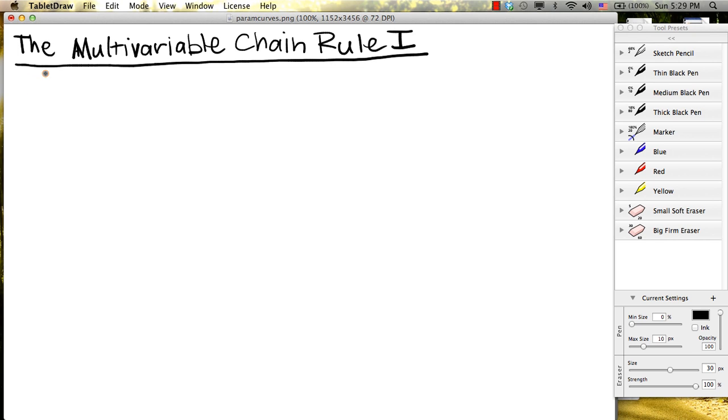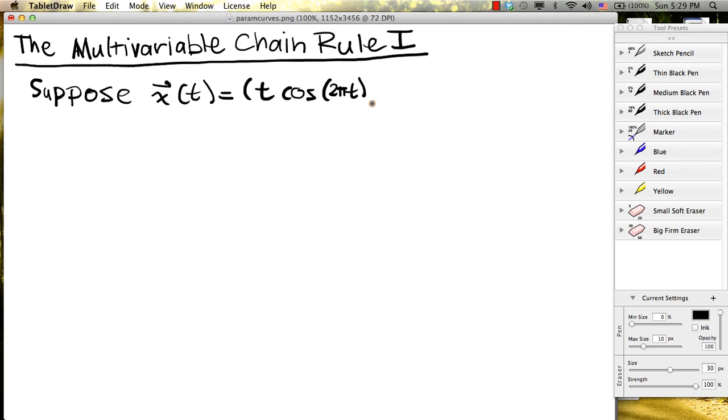Well, first of all, suppose we have this function. Suppose we have a parametric curve. So suppose x of t, and let's use a very concrete example, this spiral curve that we saw from last time, cosine of 2 pi t, t sine of 2 pi t.